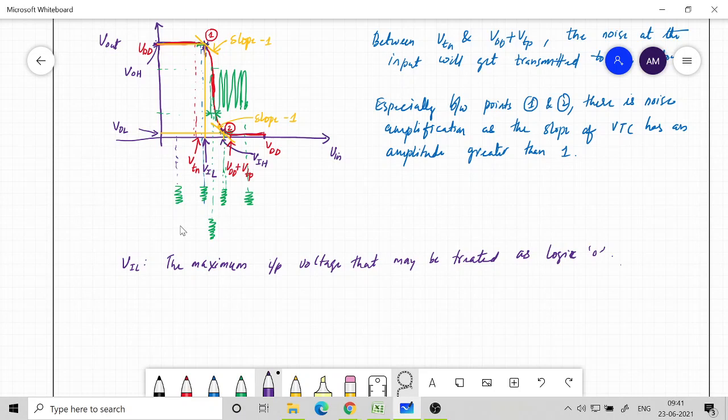Any voltage from 0 to VIL will be treated as logic low. So this is the range of voltage which will be treated as logic low.